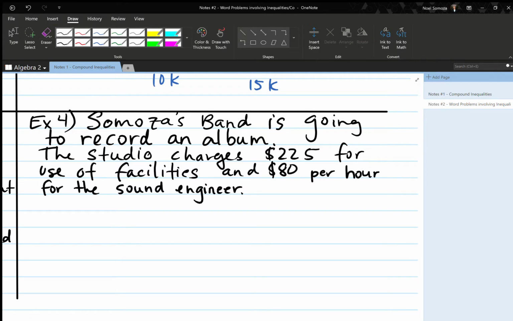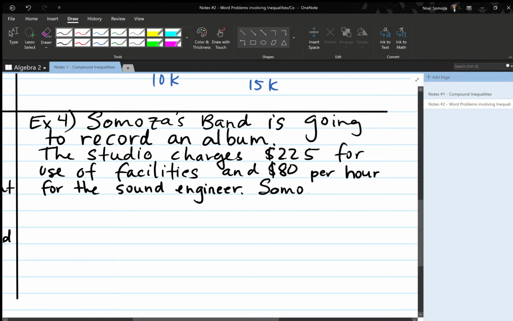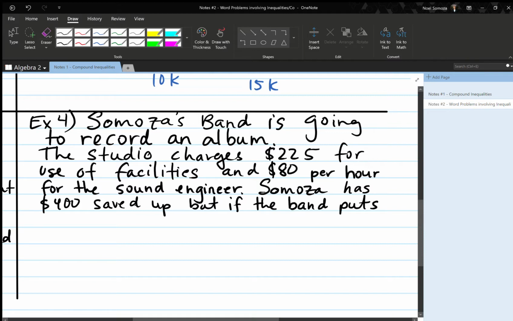All right. So I have saved up $400. But if the band puts all their money together, they have $700 total.